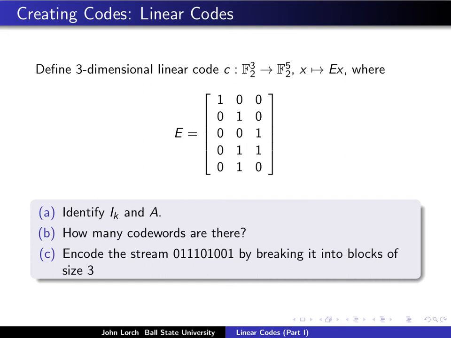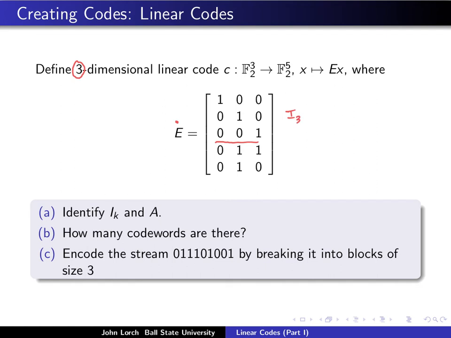Okay, here we have a three-dimensional linear code determined by this matrix E. We have a number of things that we would like to do with this code. The first thing is we're going to identify the k by k identity matrix here and the matrix A. Notice that this is three-dimensional, so up top in this matrix E, we expect to see the 3 by 3 identity matrix.